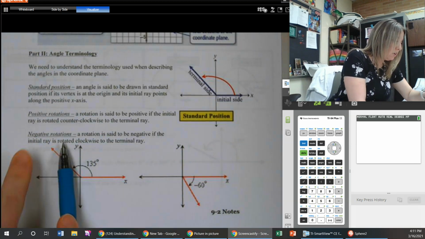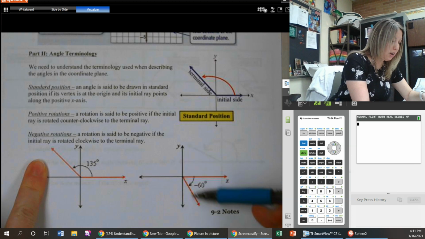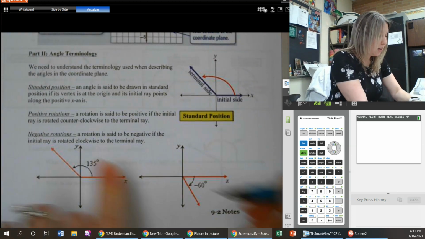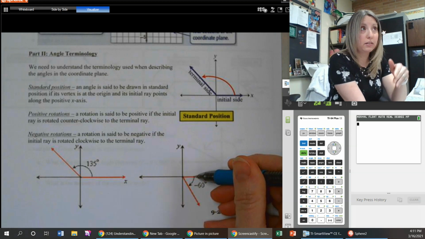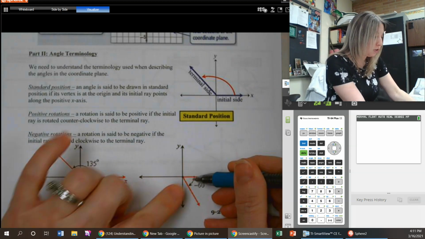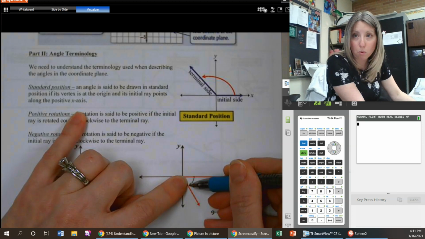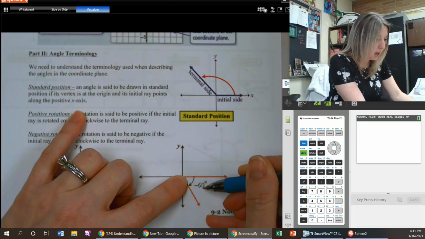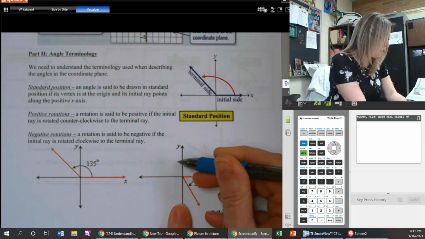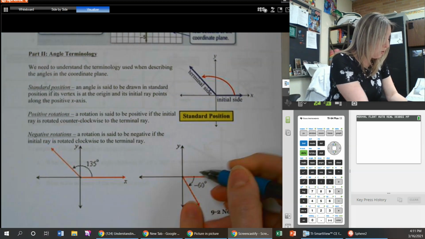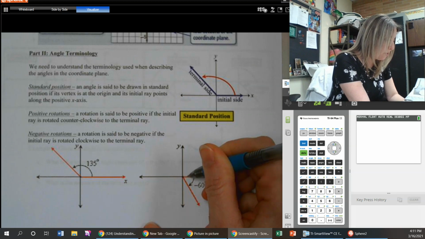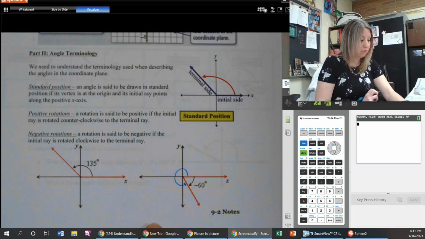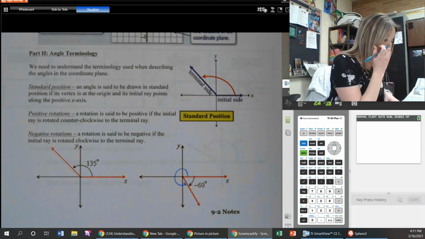Negative rotations are an angle that is in standard position, but it goes from its positive x side and measures down clockwise. So if you're measuring clockwise, that's a negative angle. If you're measuring counterclockwise, that's a positive angle. So notice I could have found the positive version of this going this way. See that? So I could have gone that direction.